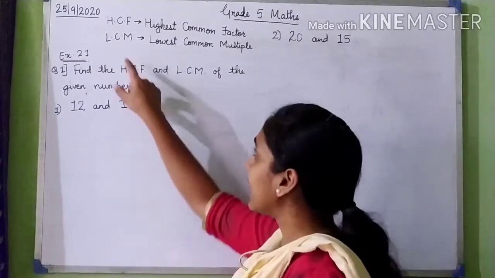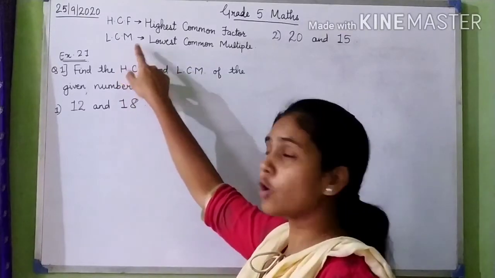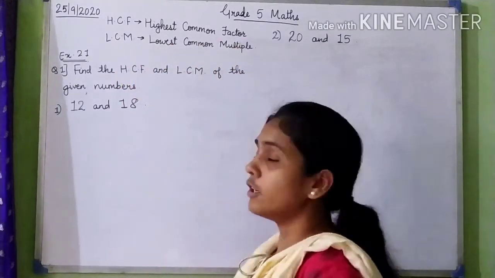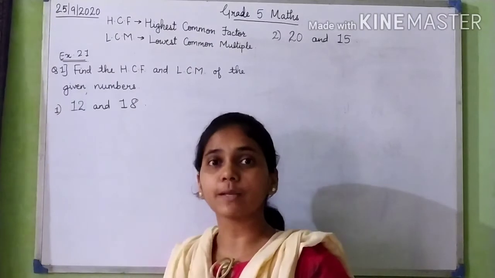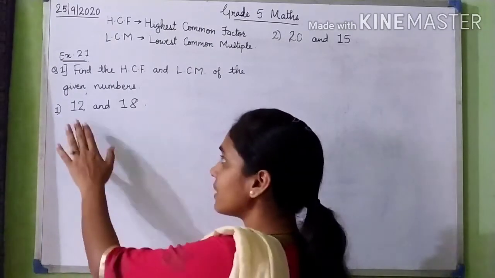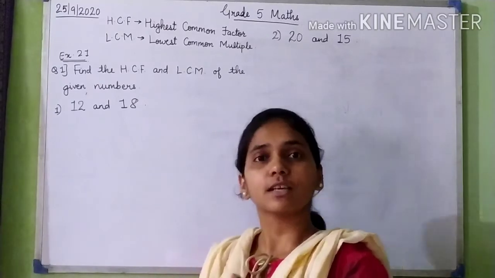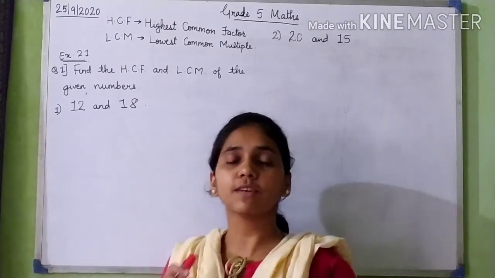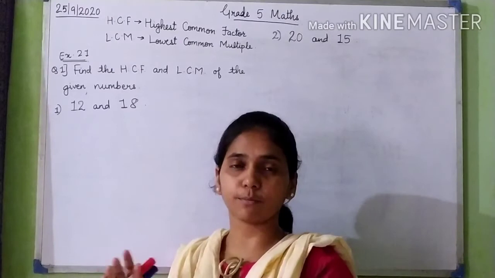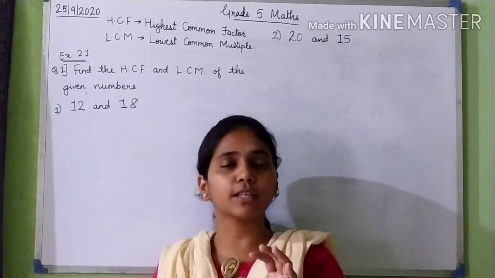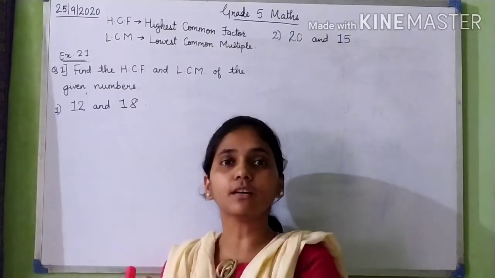The next one is LCM. LCM full form is lowest common multiple. Lowest common multiple means if two numbers are given to us, we write the multiples of the numbers. Multiples means, in short, we have to write the tables of that number. Suppose 2, if we have to write the multiples of 2, that means we write the table of 2.